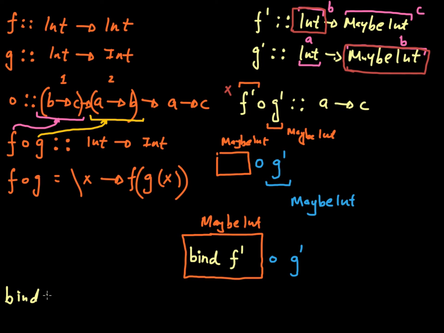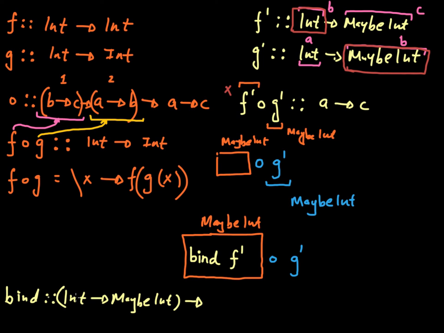So bind takes in as an input something that happens to be f prime, and f prime's type signature is int to maybe int. Okay, great. And what does it give you back as an output?